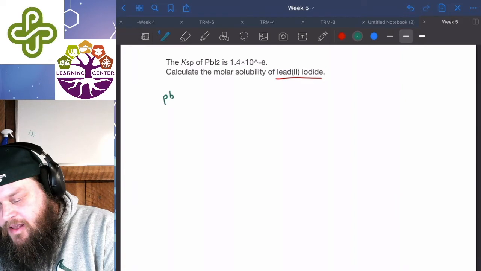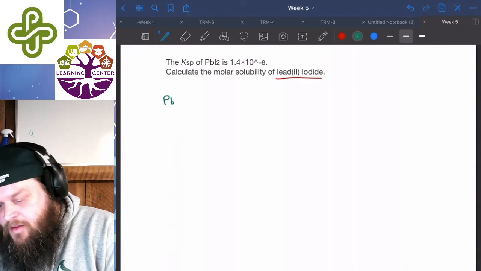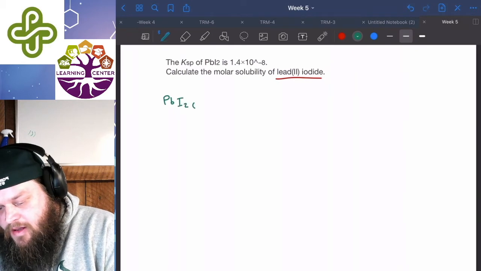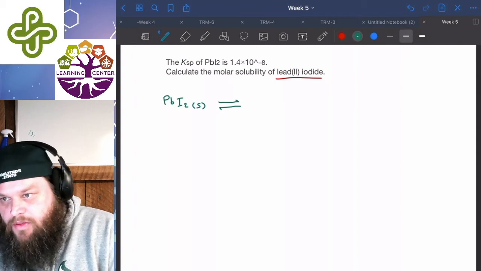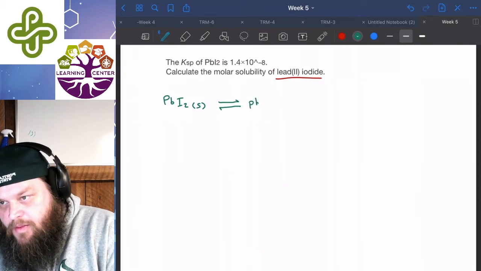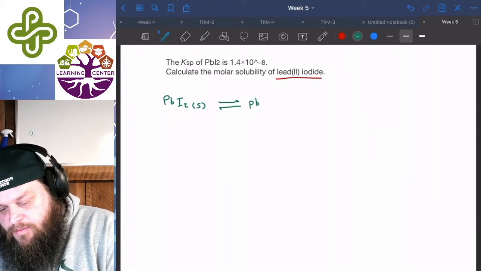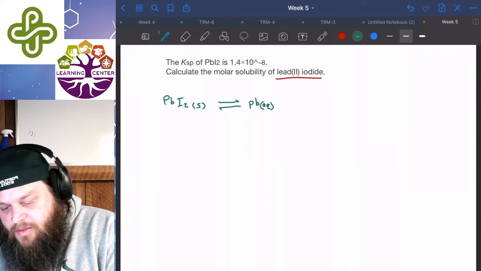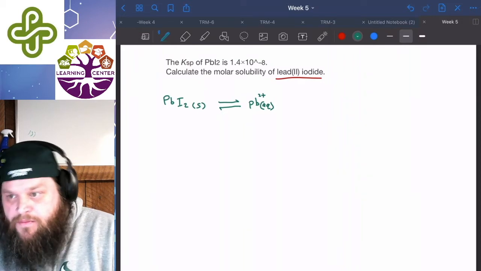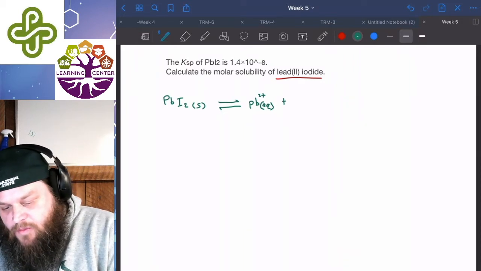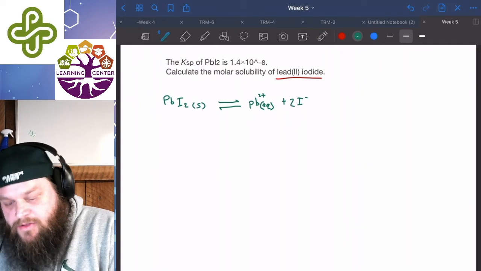So we have lead, capital P, lowercase b, and then 2 iodides, which is a solid, and that's going to be in equilibrium with, or form, Pb aqueous, which is going to be a 2+ ion, because we know that iodine is a -1. And there's 2 of those.